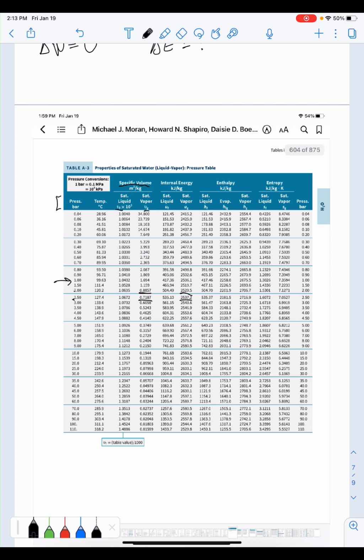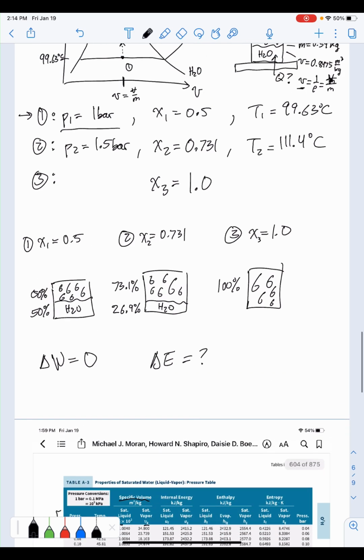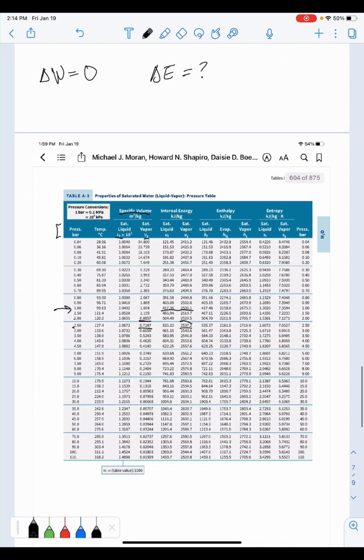And by fixing the pressure at 1 bar, you can see our internal energies if the composition is a fluid or if it's a vapor. We know that 50% of it is fluid and 50% is gas, because we were given that quality factor earlier, 0.5. So half of it will have this amount of energy and half of it will have that amount of energy, and we can get the cumulative energy of our composition.